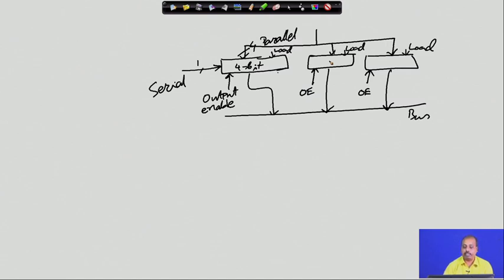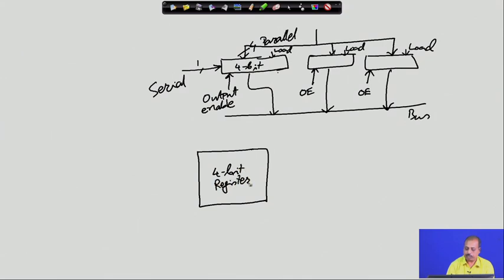We can very easily design such a circuit where the individual registers have load and output enable control lines. So, ultimately a register will be something like this. If this is, say, a 4 bit register, then I should have the facility to parallelly load the line.